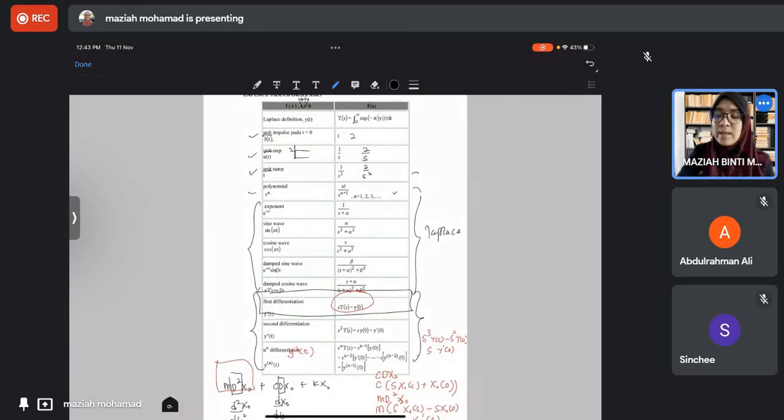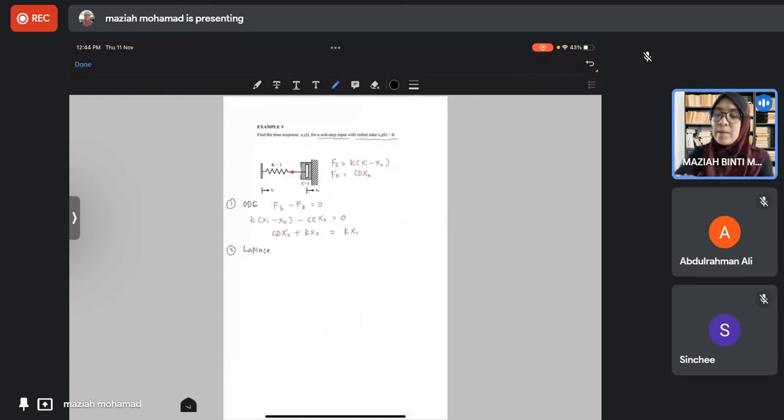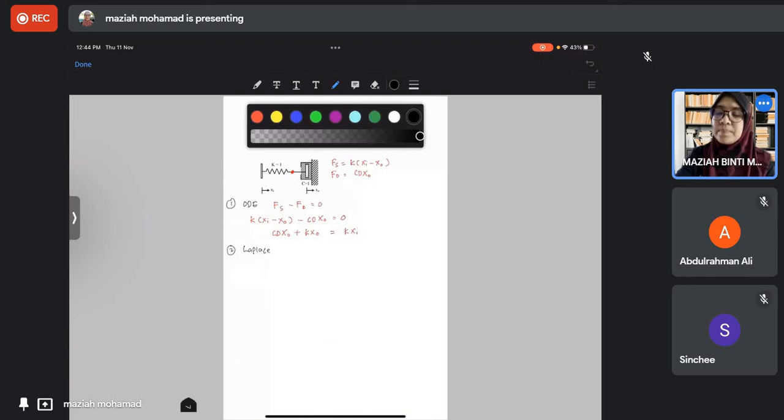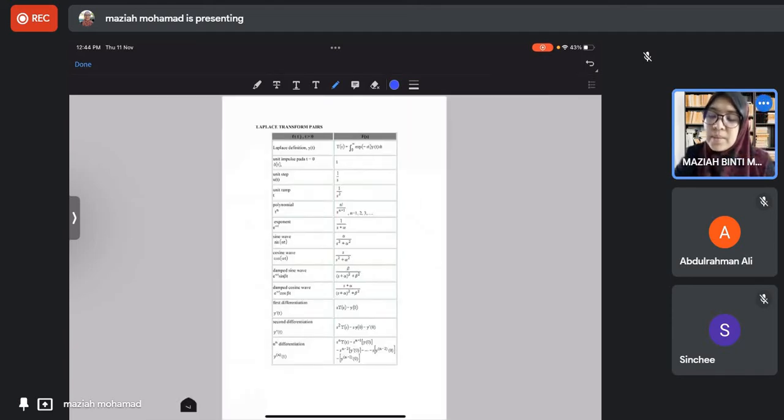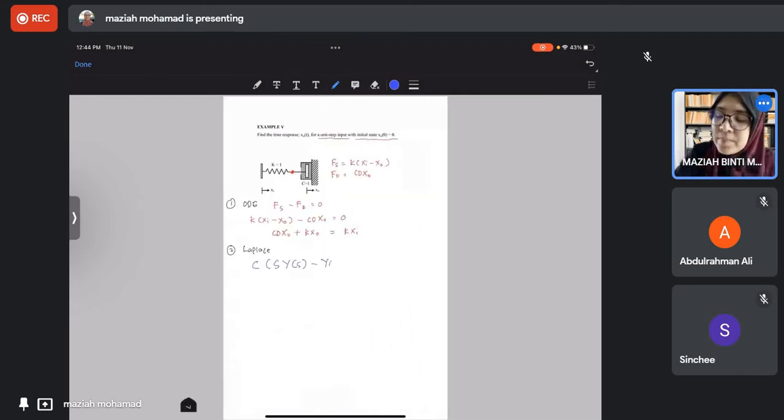Here it contains only the first differentiation, because the highest term is only D. So for the Laplace form, we have C (s Y(s) minus Y0) plus K X naught(s) equal to K Xi(s). That is in Laplace.